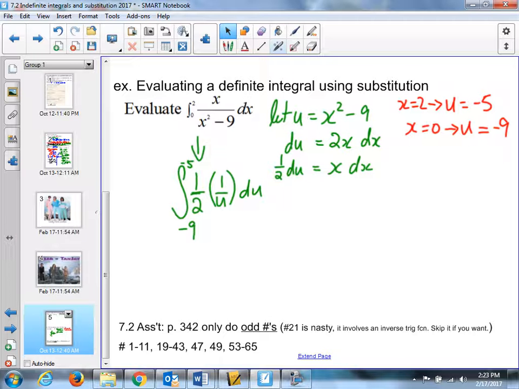Now, the other day I mentioned this with the antiderivatives, and this is where it's true. What is the antiderivative of 1/2 times 1 over u, where it's u to the negative 1? It involves the natural log. I've been lazy when I'm doing antiderivatives before, not emphasizing the absolute value.